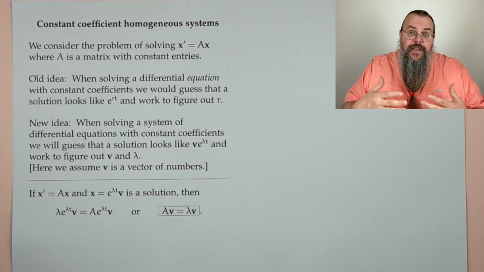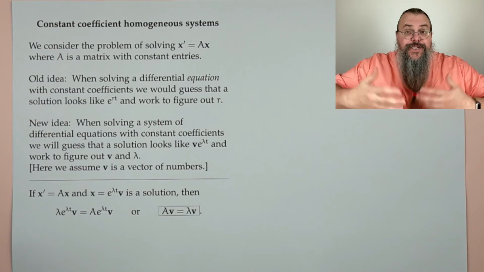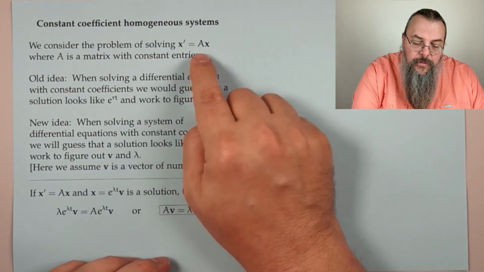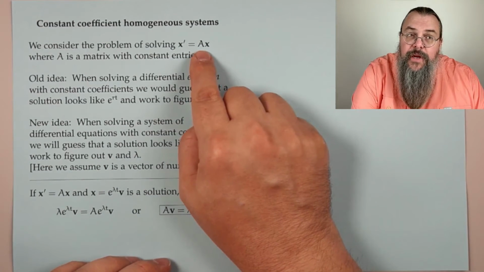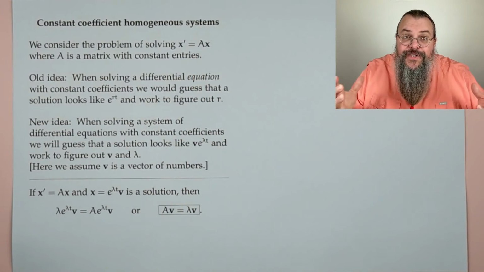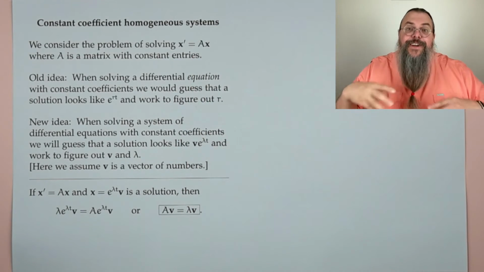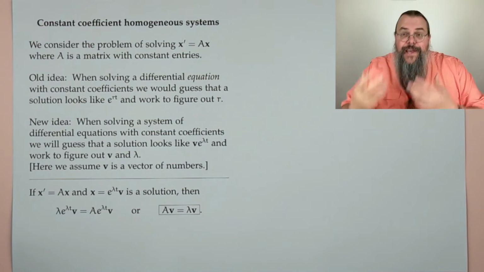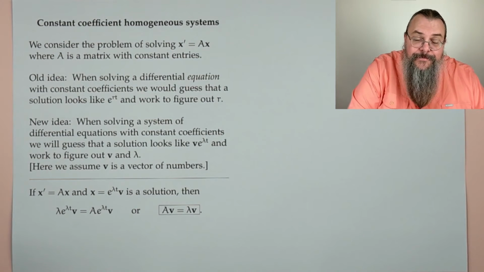Previously, we said A could be functions of t, and that's what we saw in the previous example. But now we're going to say, well, look, A won't depend on t anymore. A is just a bunch of numbers, constants. Okay, so now if we've simplified this far, we can make progress.